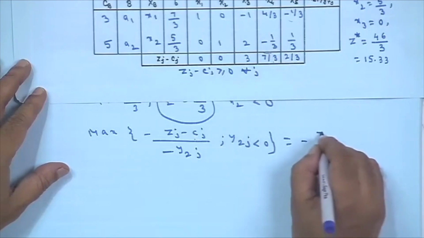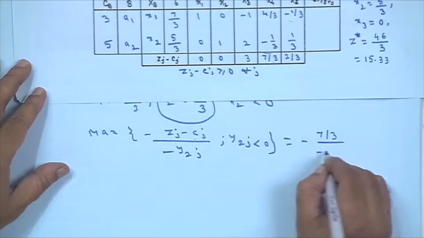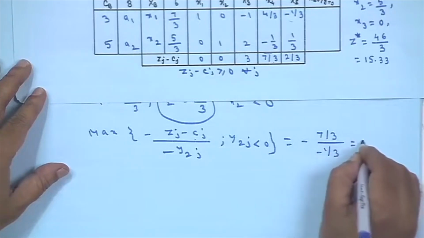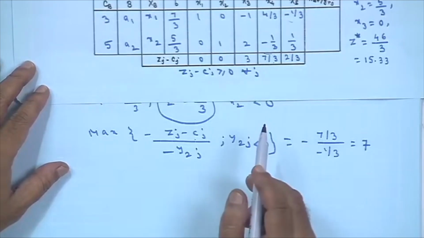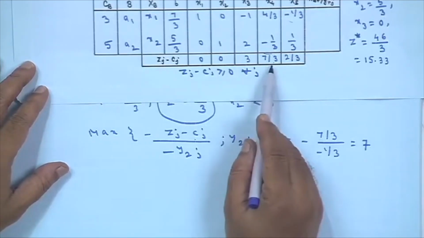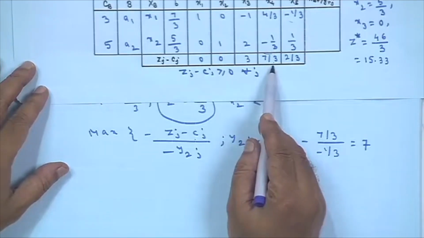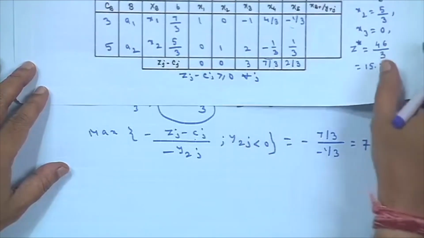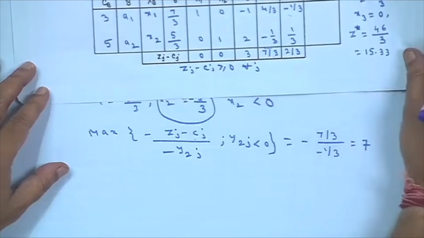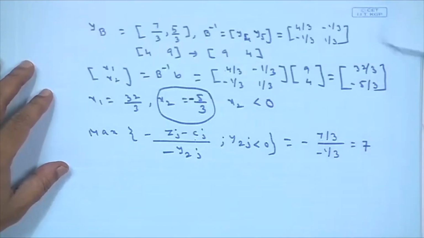So, this will be minus 7 by 3 by minus 1 by 3. So, that you are obtaining 1. So, x2 becomes non-basic and x4 becomes a basic variable, from the original one whatever was there.